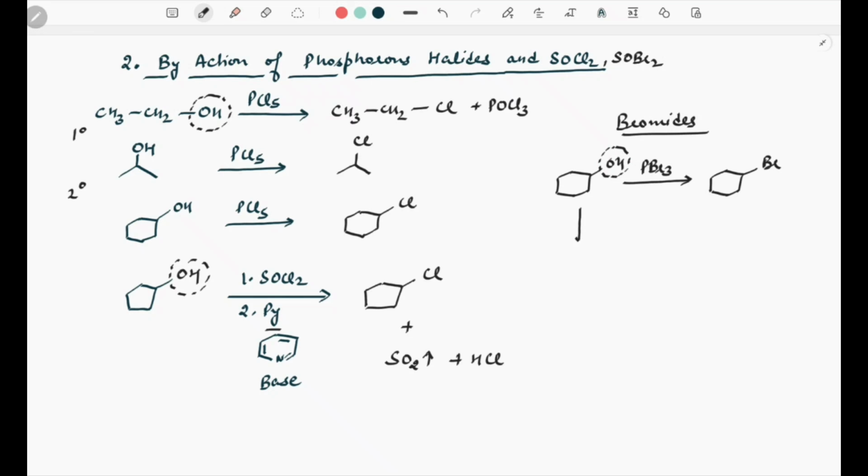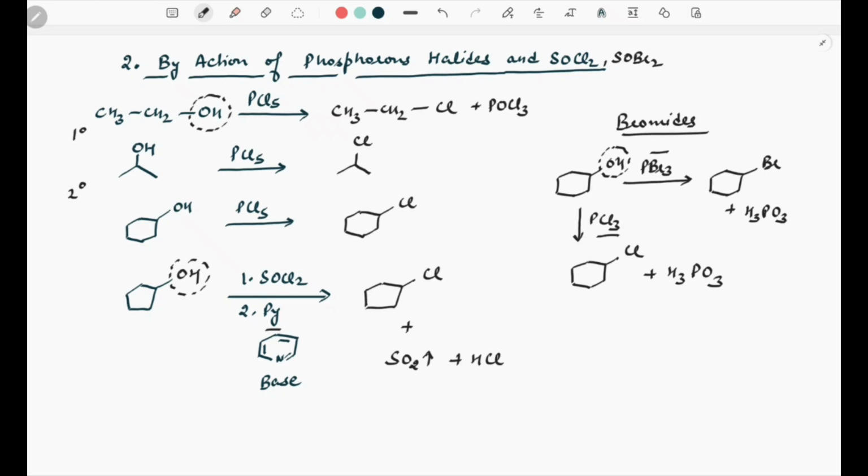Similarly, if we use PCl3, this will give you chlorocyclohexane, and when we use the trihalide derivatives of phosphorus, then phosphorous acid is obtained as a side product, H3PO3.